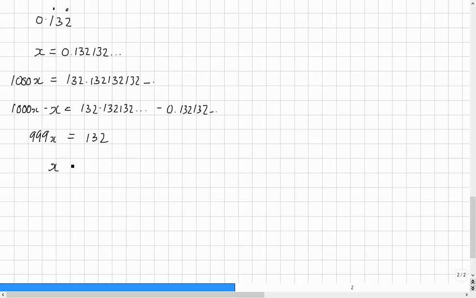So now we have x equals 132 over 999. There's our fraction. Does it simplify? I think it might actually. If we divide by 3, we'll get 44 on that side on top, and 333 on the bottom.